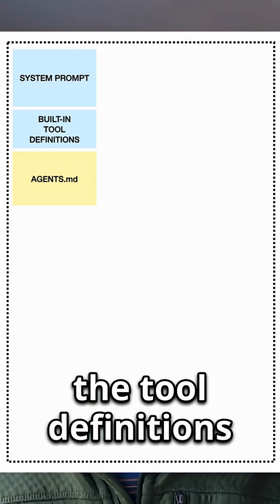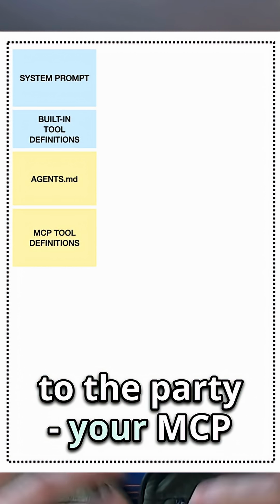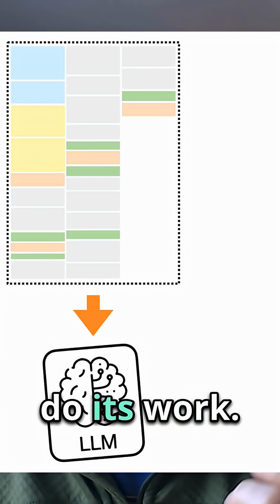Plus, you've got the tool definitions for whatever custom tools you're bringing to the party, your MCP servers that you've added to the agent. And then as you start working with the agent, that context window starts to fill with the conversation history. All of the past coding session, the past conversation has to go into that context window, because that's the only source of context for the LLM to do its work.